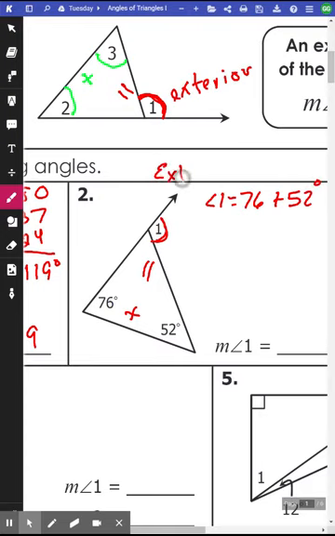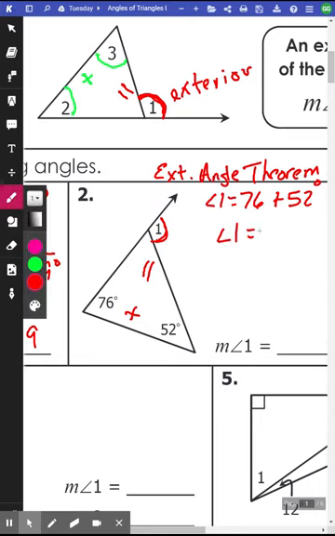That's the exterior angle theorem. So 76 plus 52, angle 1, if I knew how to write correctly, is 128.